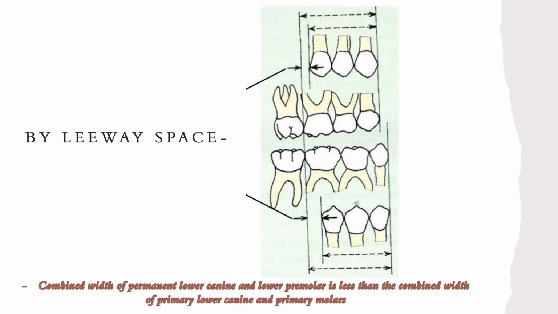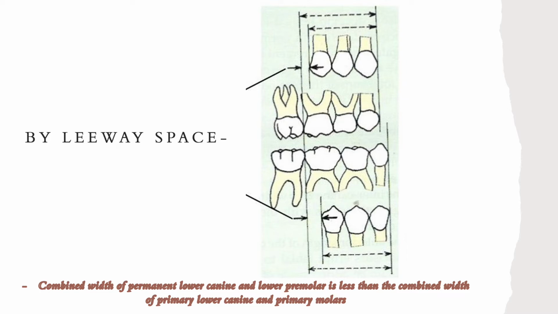Now what is leeway space? See, in the primary or milk set of teeth, the combined width of the molars and the canine is more than the combined width of the permanent canine and the two premolars. So obviously we have extra space in the molar region in the milk set of teeth.